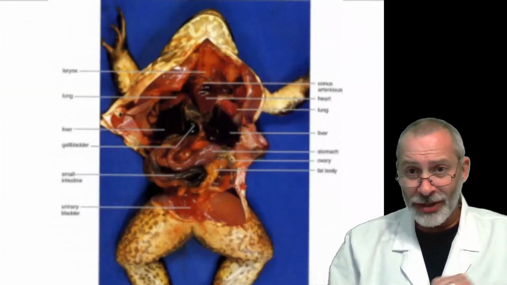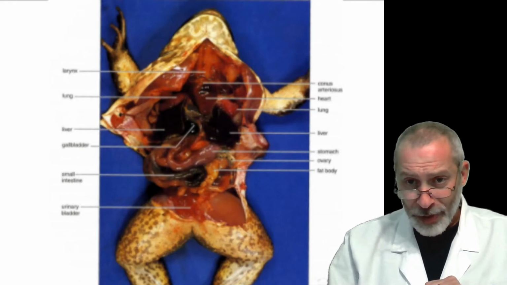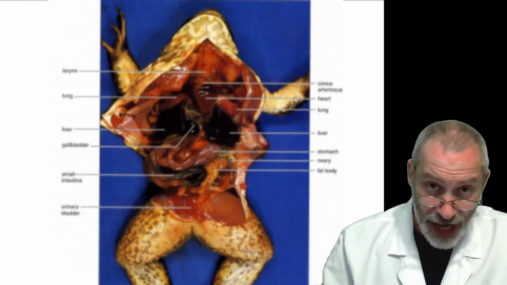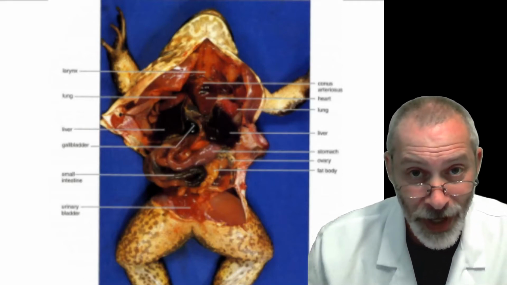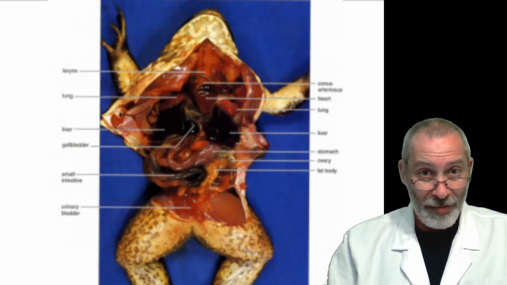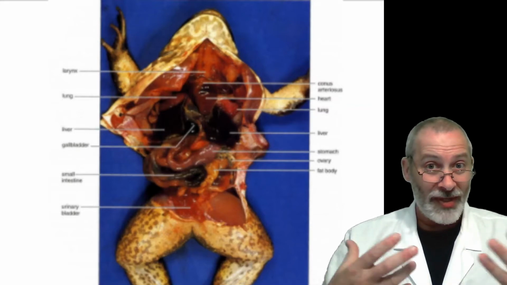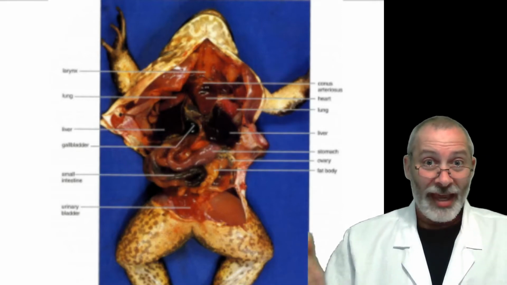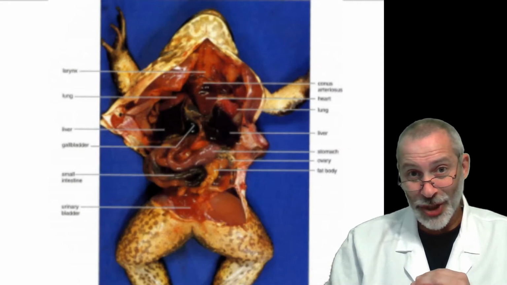And imagine, to the dismay of Kermit, opening him up and examining his insides, for that is what dissection is all about. Opening something up and examining what makes it tick, what makes it what it is, and checking out the insides. Well, we're going to do a little dissection today.